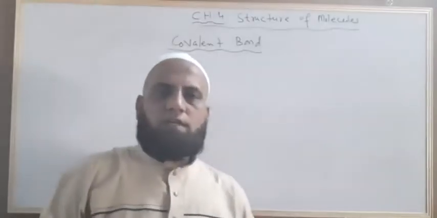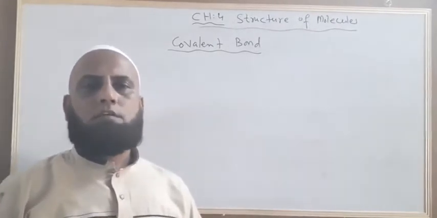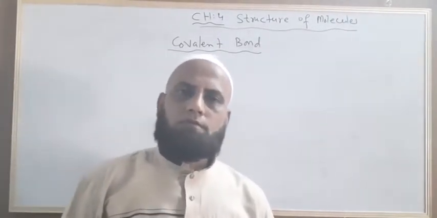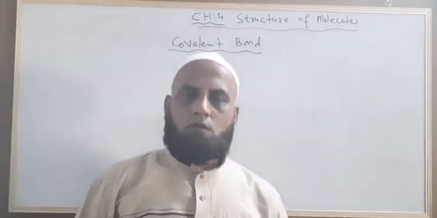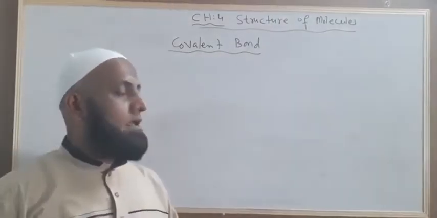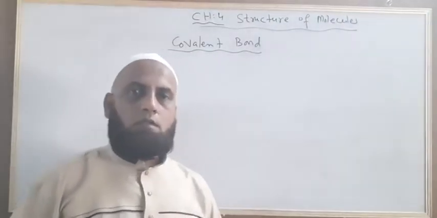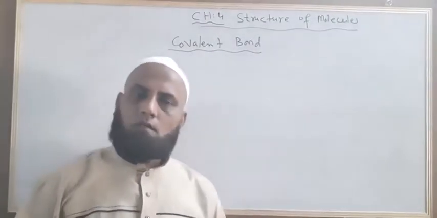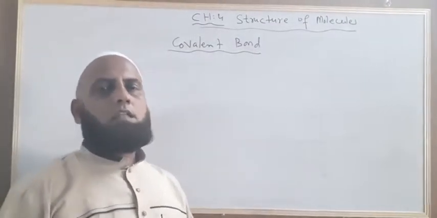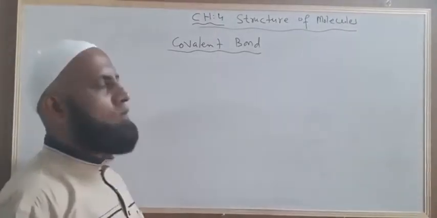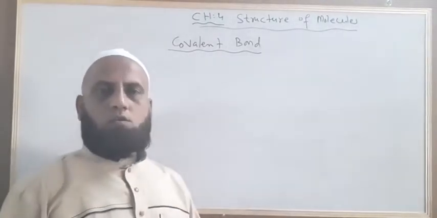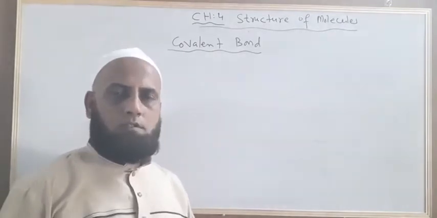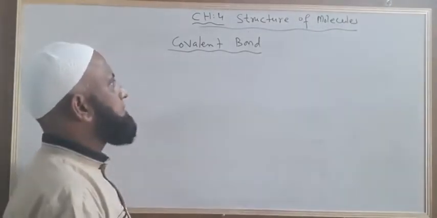In the previous lecture we had discussed there are four types of bonds: ionic bond, covalent bond, coordinate covalent bond, and metallic bond. In the previous lecture we discussed the ionic bond, and now we are discussing covalent bond. Now what is covalent bond, how it is formed, let's check.